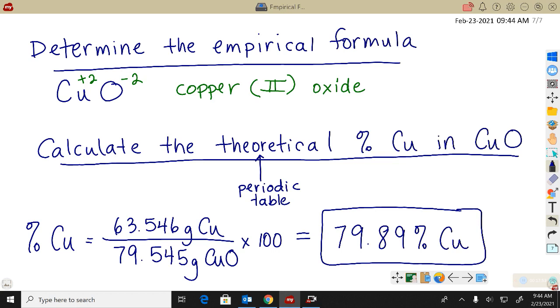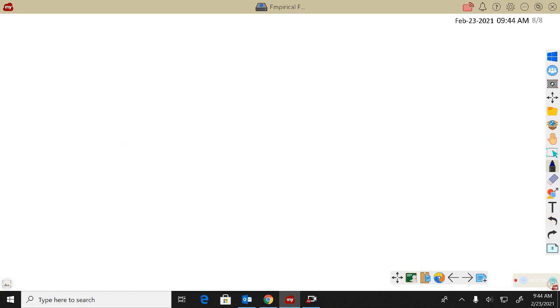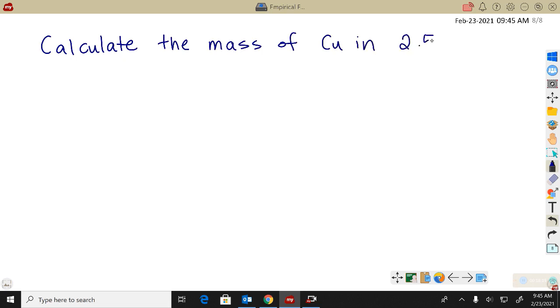Now here's what I want to do with that. I want to calculate the mass of copper in 2.5 grams of copper oxide.